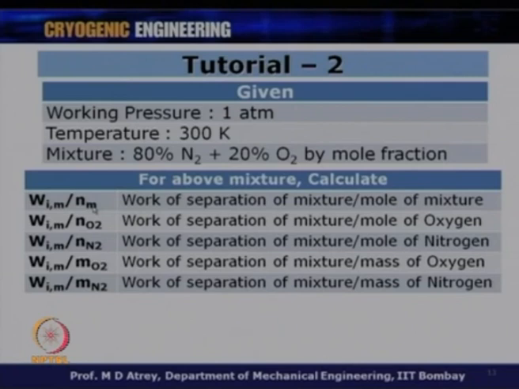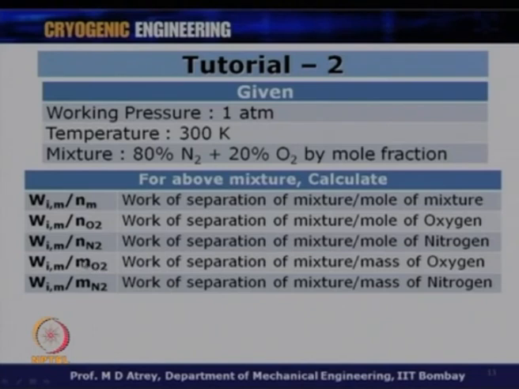Now, this can also be interpreted in terms of mole of oxygen or mole of nitrogen, which constitutes one of the parts of the mixture or one of the gases of the mixture. So, I can ask for Wim by NO2, which is work of separation of mixture per unit mole of oxygen, or work of separation of mixture per unit mole of nitrogen. When N gets replaced by M, we can say it is per gram of oxygen or per gram of nitrogen.